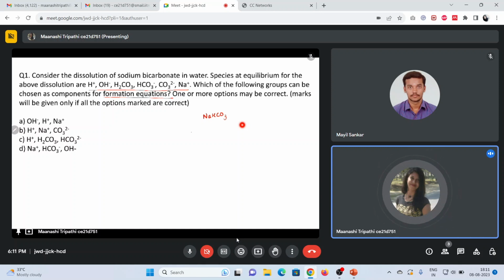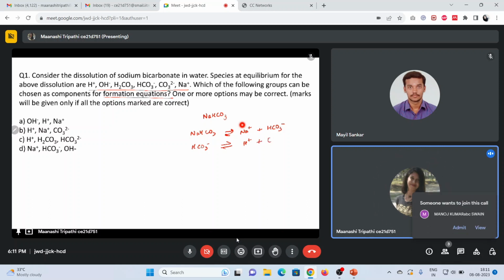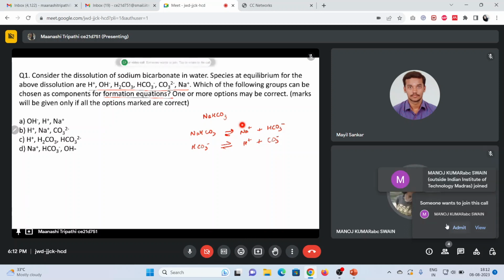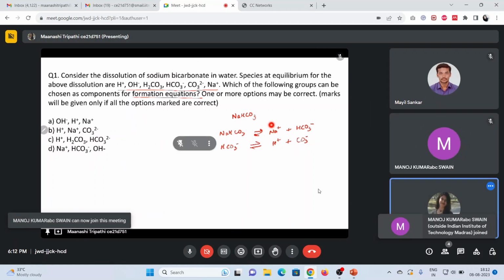How is this dissociated? NaHCO3: first dissociation will be Na+ and HCO3-. Then HCO3- dissociates into H+ and CO3 2-.